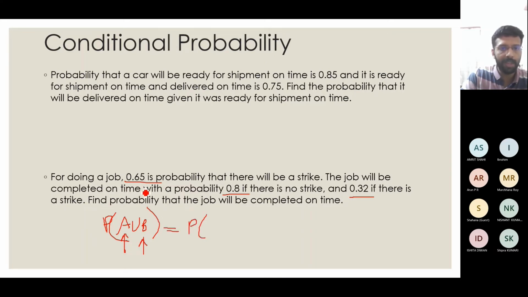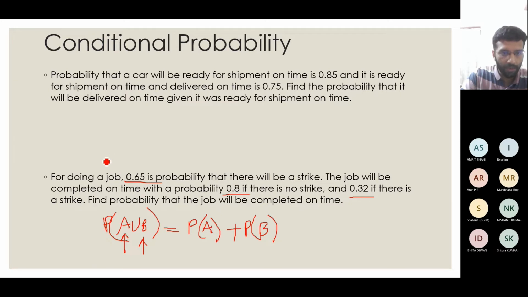So in this case, my probabilities are probability of A and probability of B. Both of these cannot occur together, right? There can be a strike or there cannot be a strike. So I need not consider the intersection case here, since both these are mutually exclusive events. The probability of A is the probability that there is a strike and it was completed.